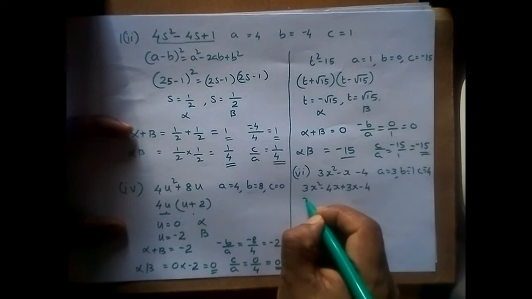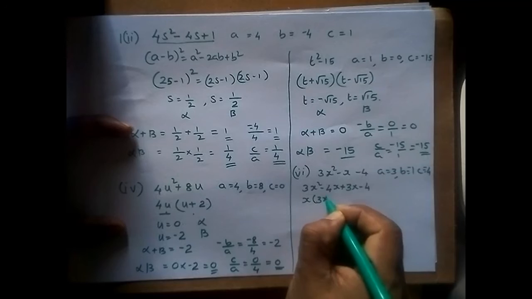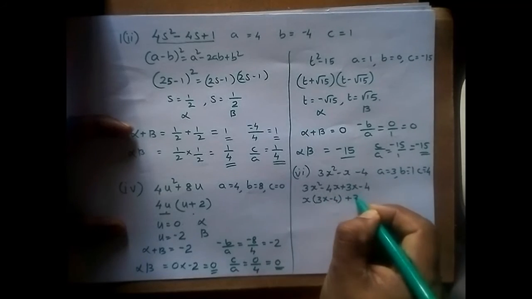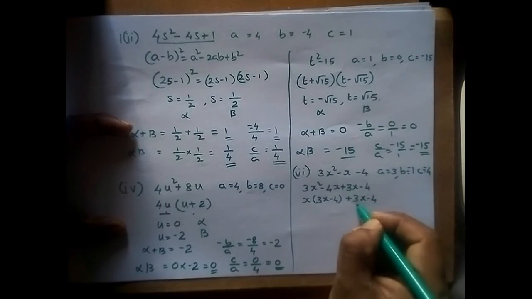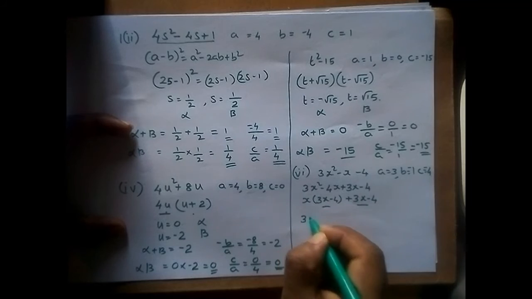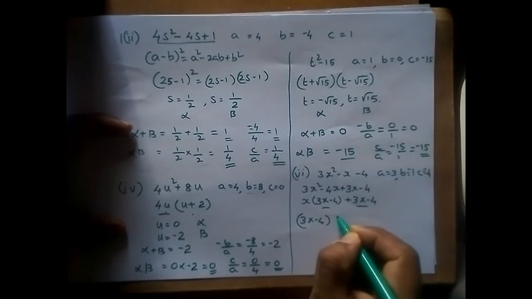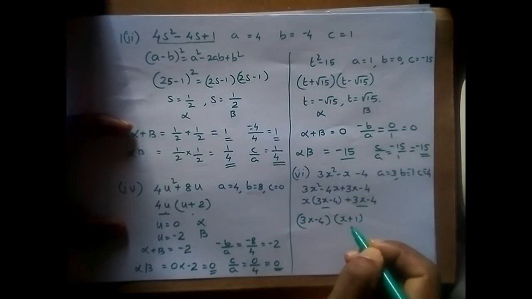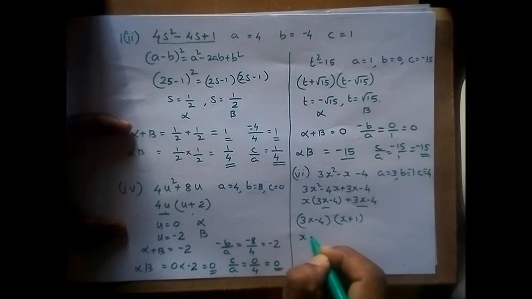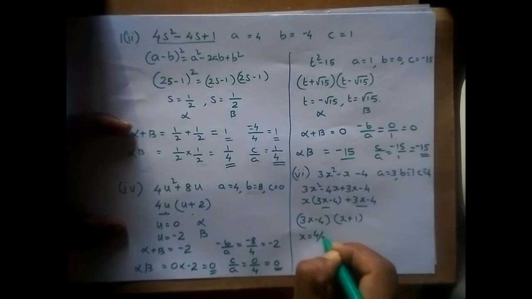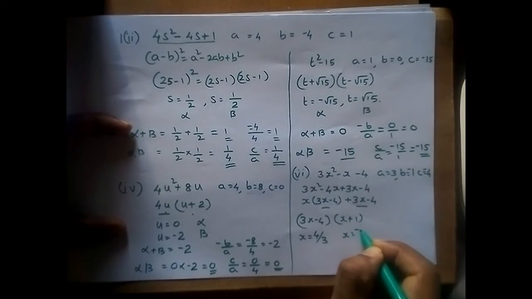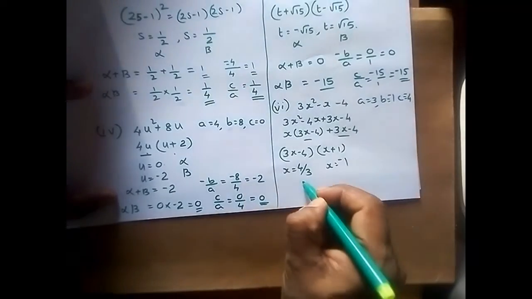So x into 3x minus 4 plus 3x minus 4. So 3x minus 4 I am taking outside into x plus 1. So x is equal to 4 upon 3, or x is equal to minus 1 here.